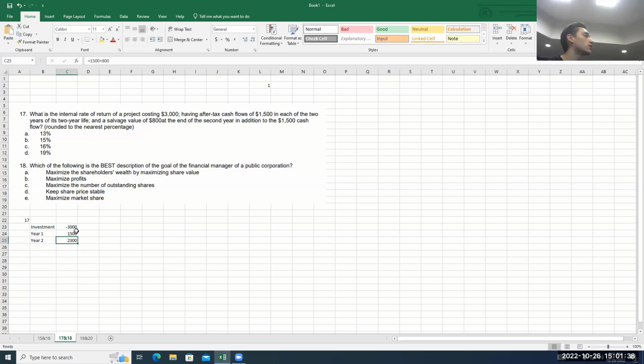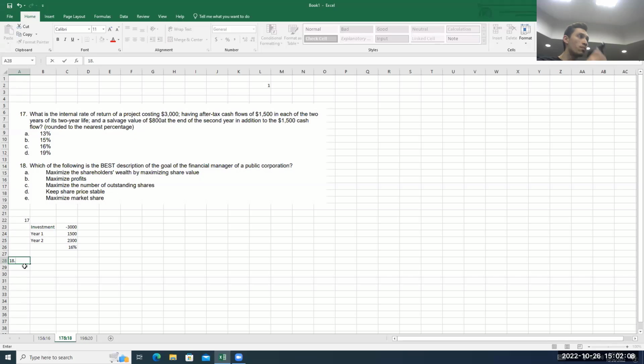Now we are looking for the IRR, so we're going to plug this into the internal rate of return formula. And we have all of our values right here. We just take them, enter them in, and it'll return us a rate of return of 16%, which is C. Again, that's assuming all the cash flows are exactly 1 year away, which is not the most useful.